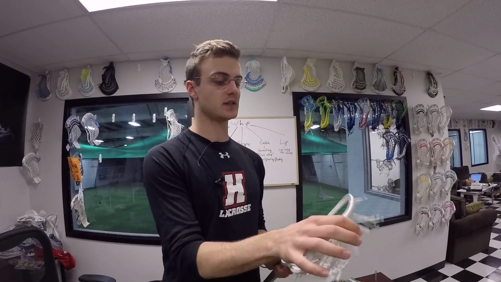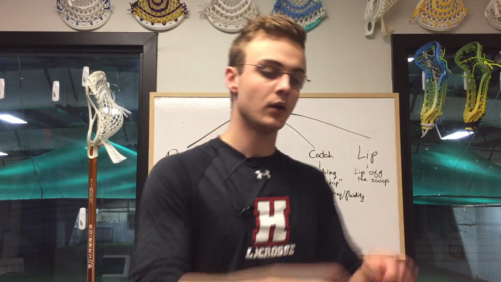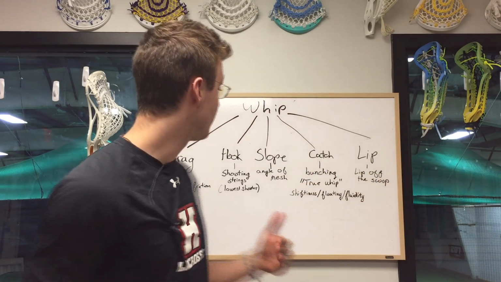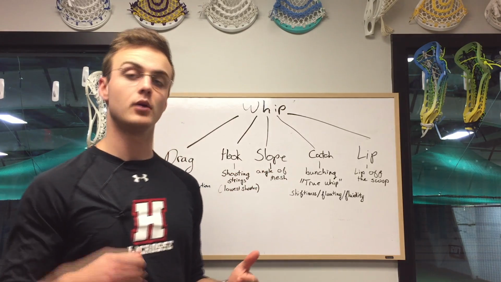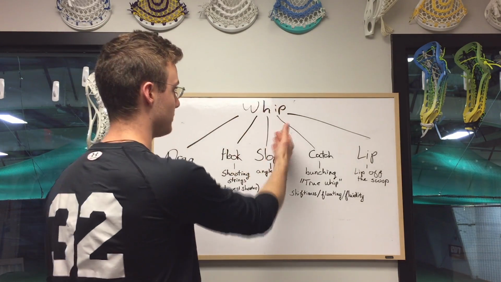So a tight nylon alone won't add whip to your stick. That's one of the main reasons why we use them. But when you're pulling the lowest shooting string straight across, that's when you can have this sort of hook, and the ball will catch on that lowest shooting string and add some whip to your stick.